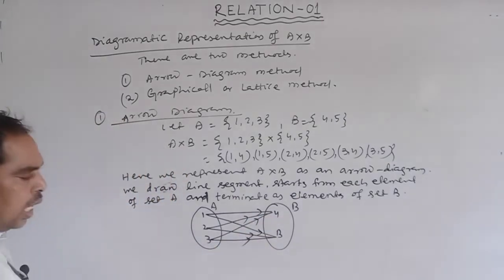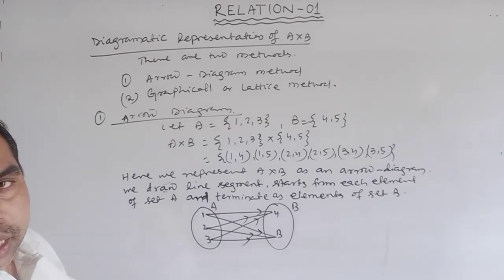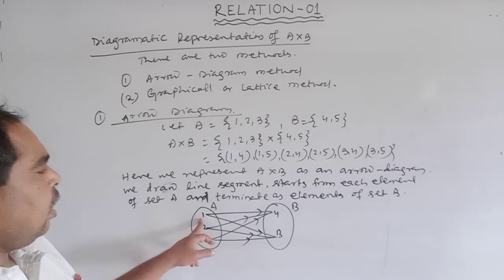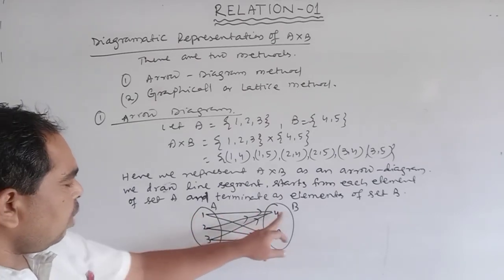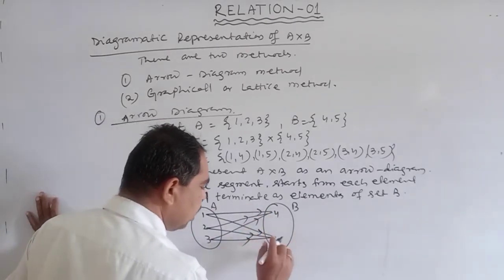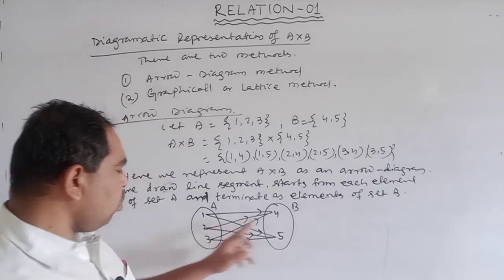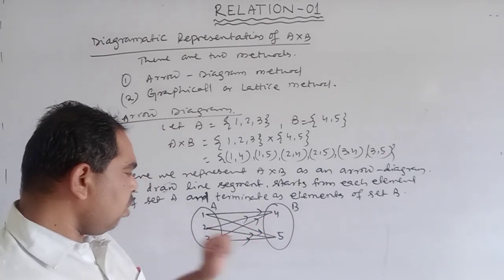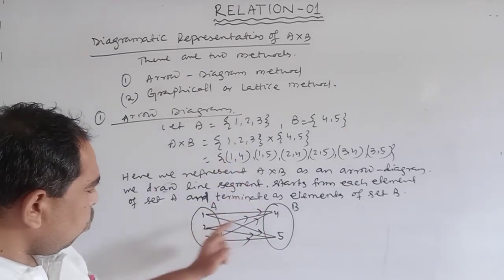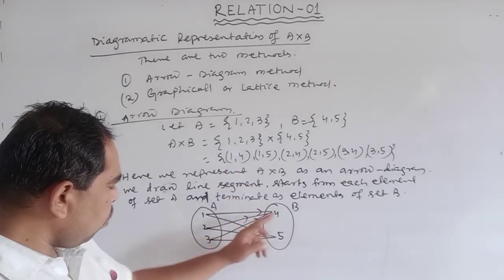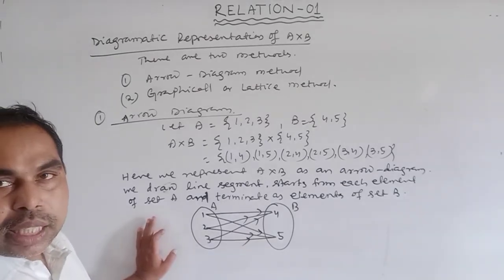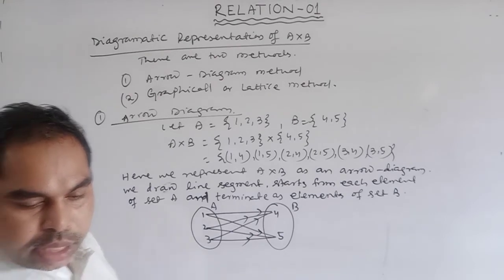This is called the arrow diagram method. So 1 is related to 4 and 5, 2 is related to 4 and 5, 3 is related to 4 and 5. So 1 4, 1 5, 2 4, 2 5, 3 4, 3 5.